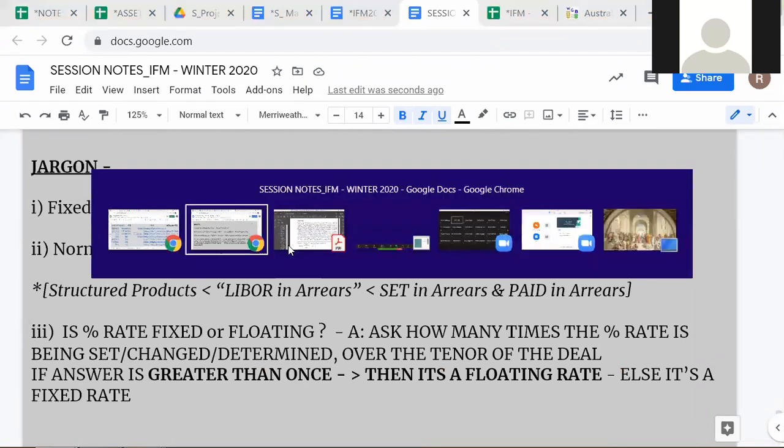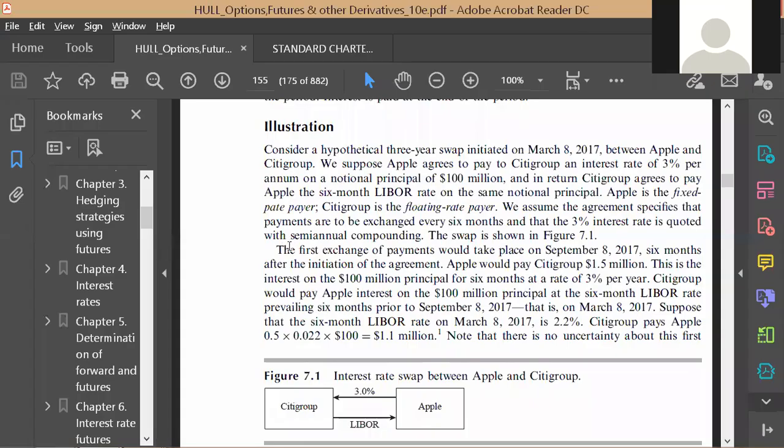So we now know that whatever the 6-month LIBOR setting was 6 months ago, that's what Citigroup will have to pay after 6 months, and Apple will have to pay 3%. Now these are not exchanged on a gross basis, so there is a net settlement.